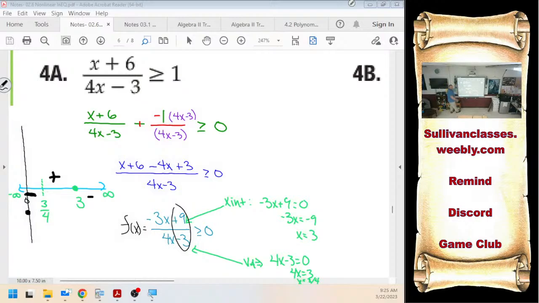And then it just goes to infinity. So that's it. Negative here and here, positive there. And it asks, where is it greater than or equal to, watch brackets, 0? There. But be careful that you put a parenthesis on 3/4 because it's an asymptote and you can't touch the asymptote.